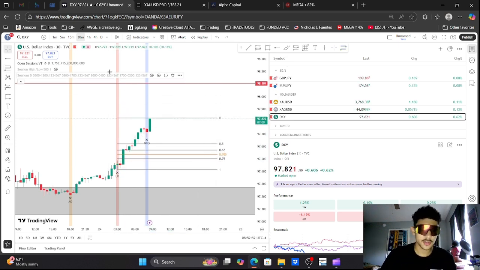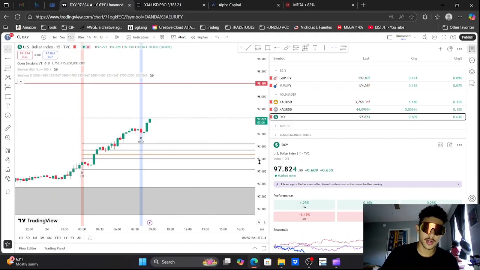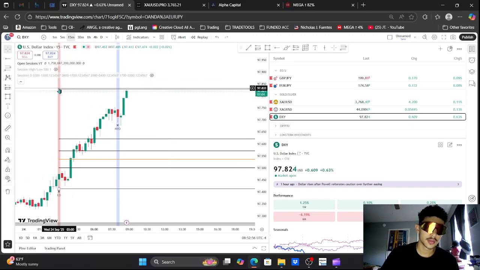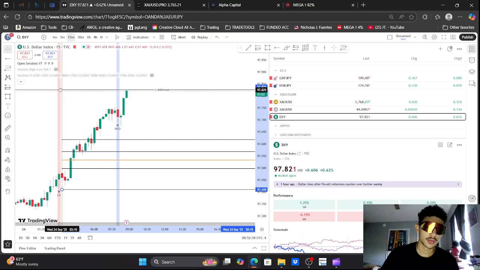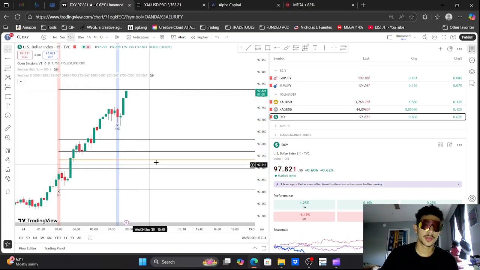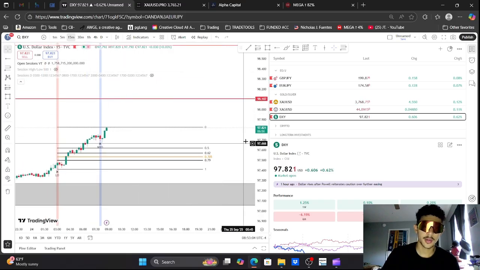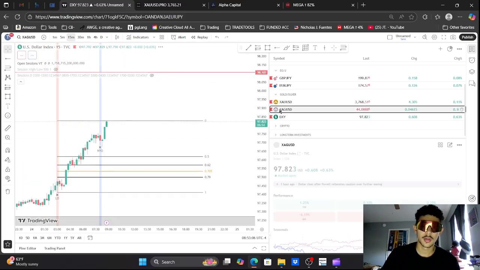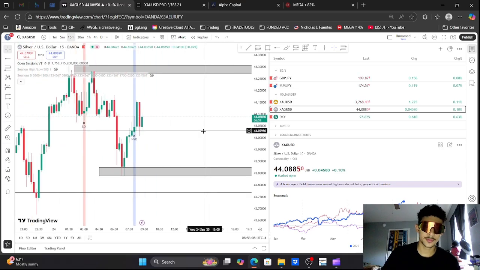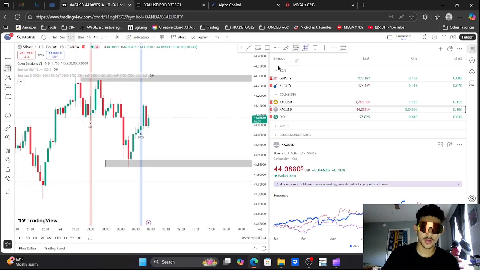From London session to current highs, I see retracement into this area. Push price higher. See what's going on silver.